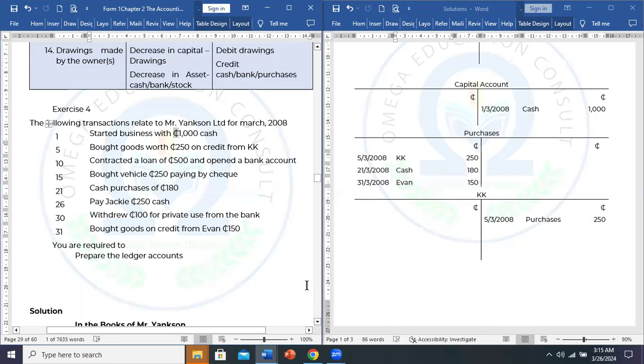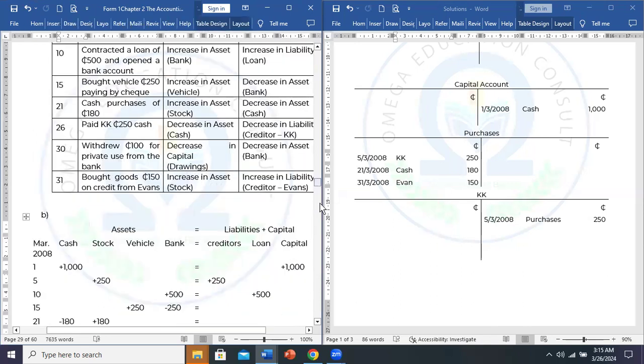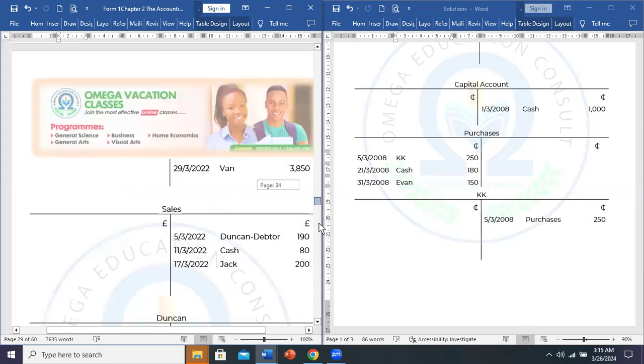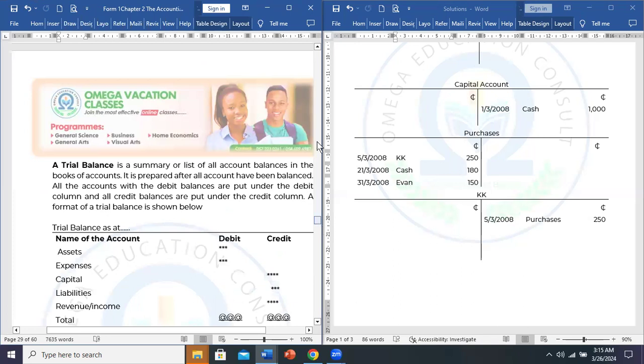Good. Now, when we talk of balancing of account, it's very simple if you follow the principles.